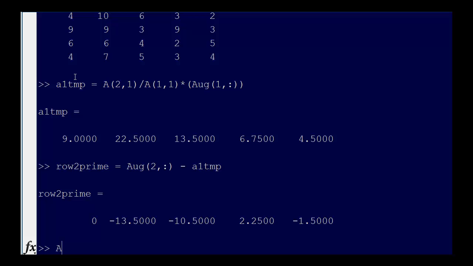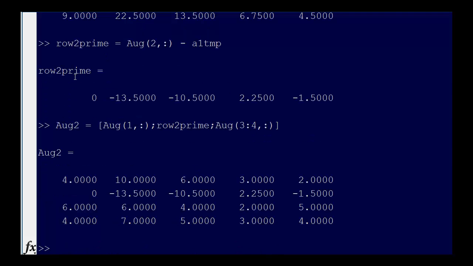So now we have aug2, equal to aug: the first row of the augmented matrix, then this row 2 prime, and then aug rows 3 to 4 and all of them. So that should be our new augmented matrix.